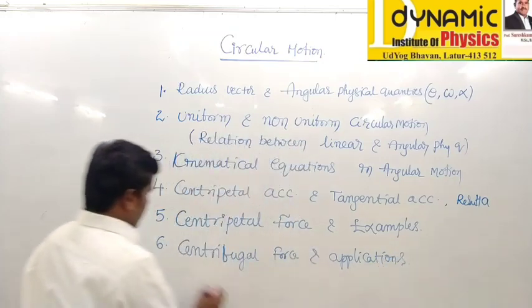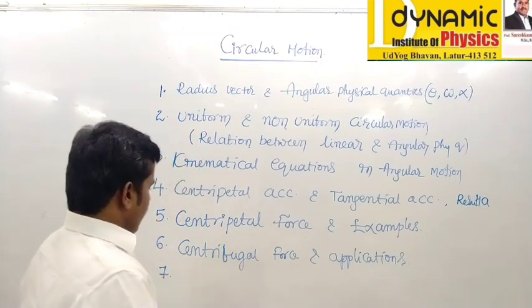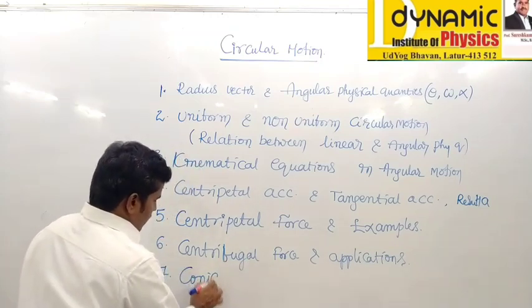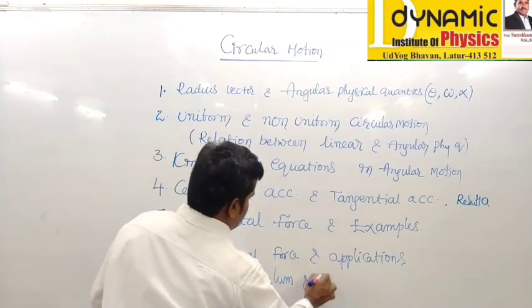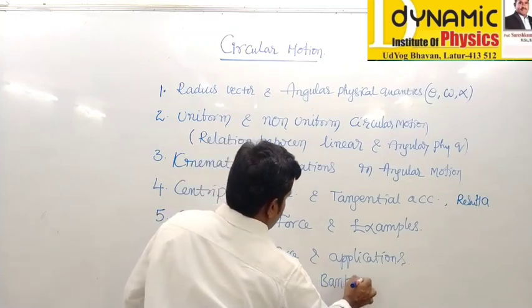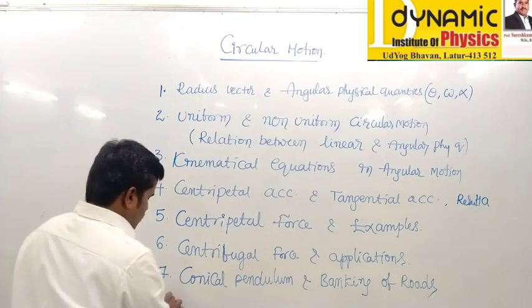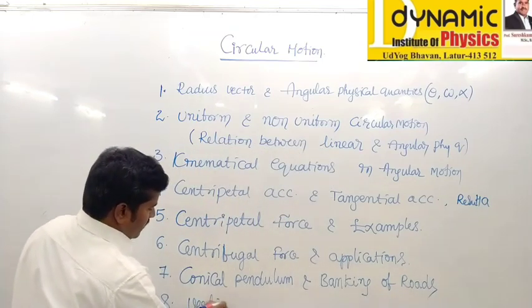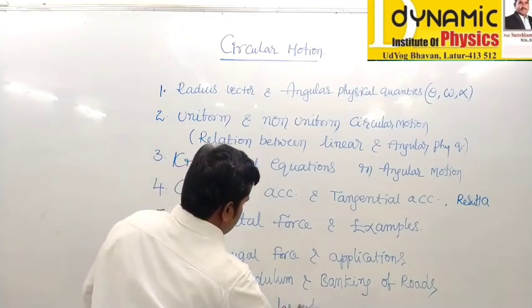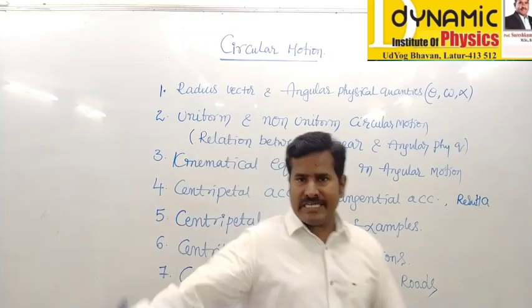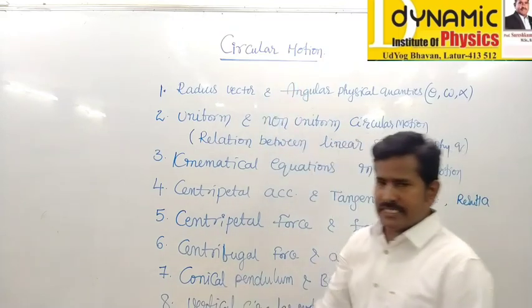And another, conical pendulum, banking of roads. And the last one is vertical circular motion. These are the subarticles of circular motion.